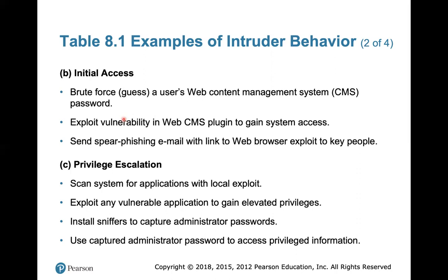The attacker may use vulnerabilities like, for example, content management systems used for websites to see if he or she can gain some access. The attacker may send some spear phishing email to the users of that organization in order to get a valid, legit username and password.